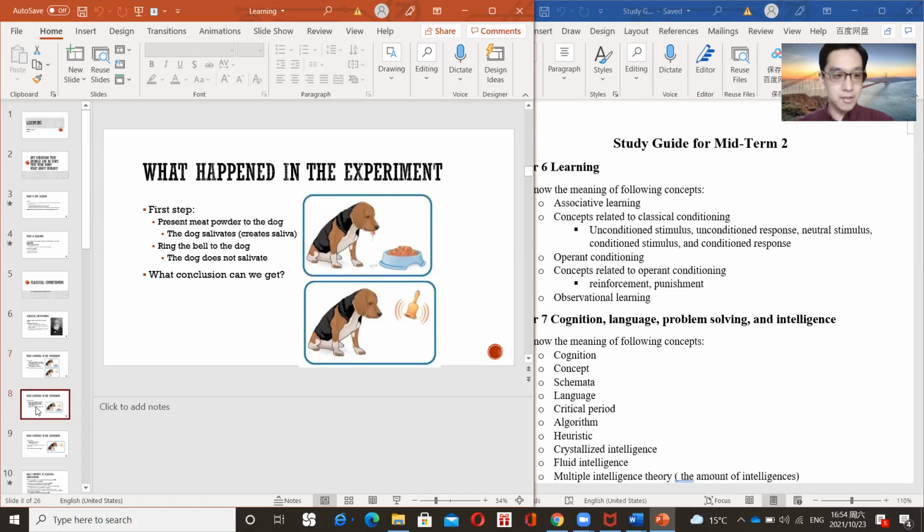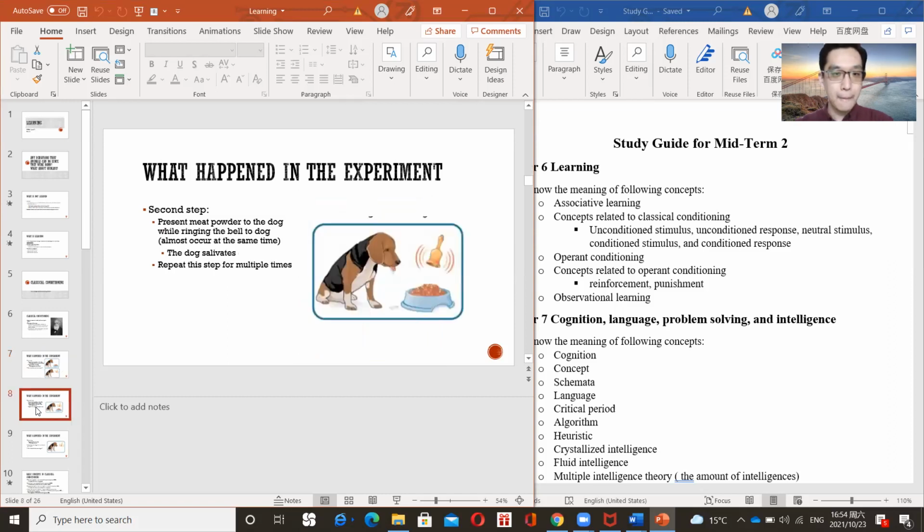And later, the second step, the meat powder is there, and the bell is ringing. So always pair the meat powder and the ringing of the bell. They happen at the same time, multiple times.